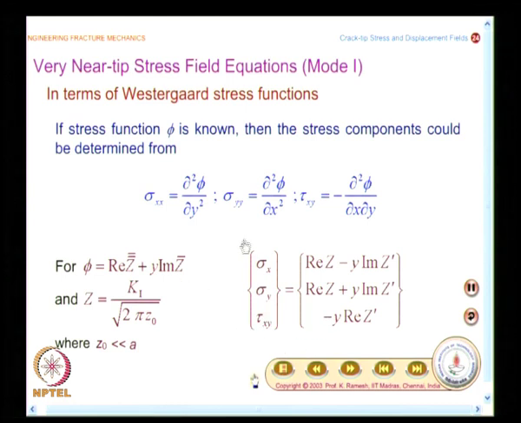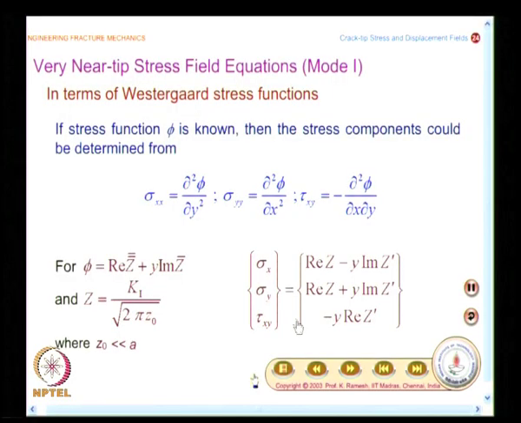If you look at this expression, this is valid for the entire field, whether we choose Z as what was given by Westergaard, that is sigma z divided by root of z squared minus a squared, or it becomes a near field solution when Z equals K1 by root of 2 pi z naught. And in fact, in the original paper when Westergaard proposed, he showed for a class of problems the stress field is like this.